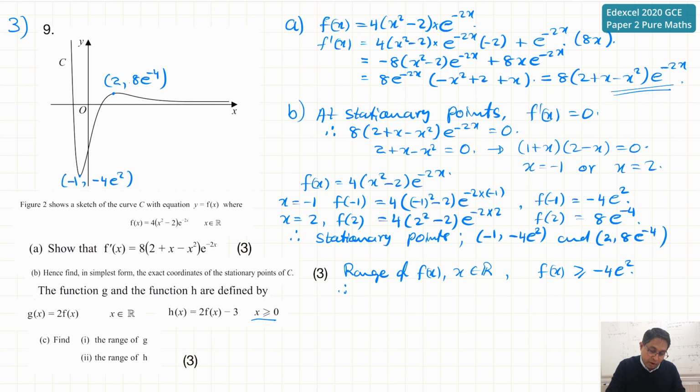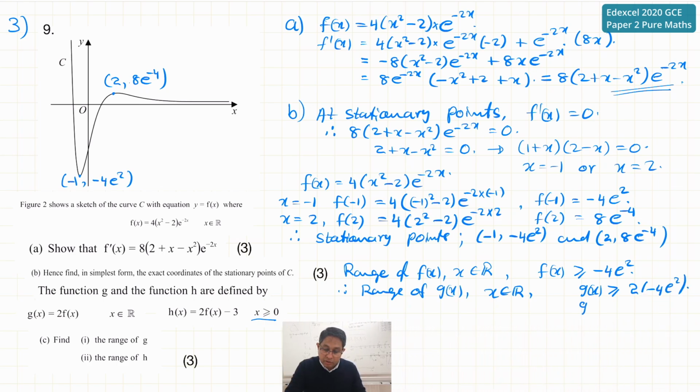Therefore, now you can write the range of g of x when x is a real number, that is g of x greater than or equal to 2 times minus 4e squared. That's g of x greater than or equal to minus 8e squared. This is the range of g of x.